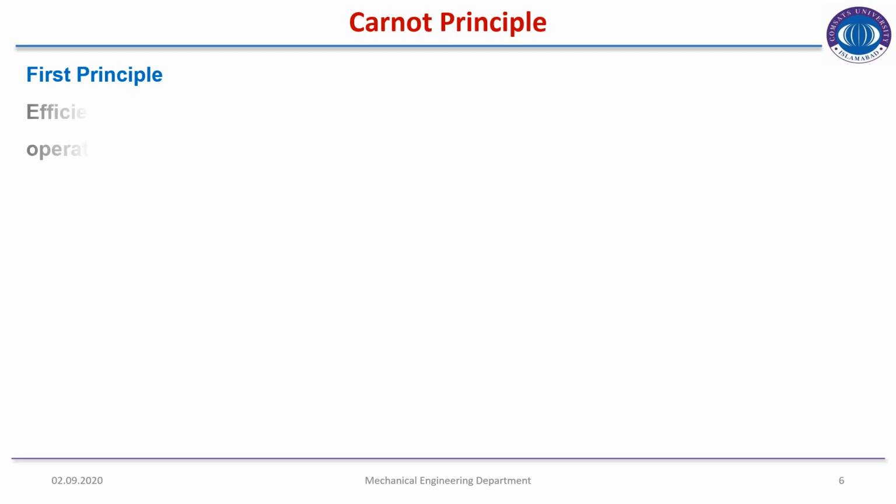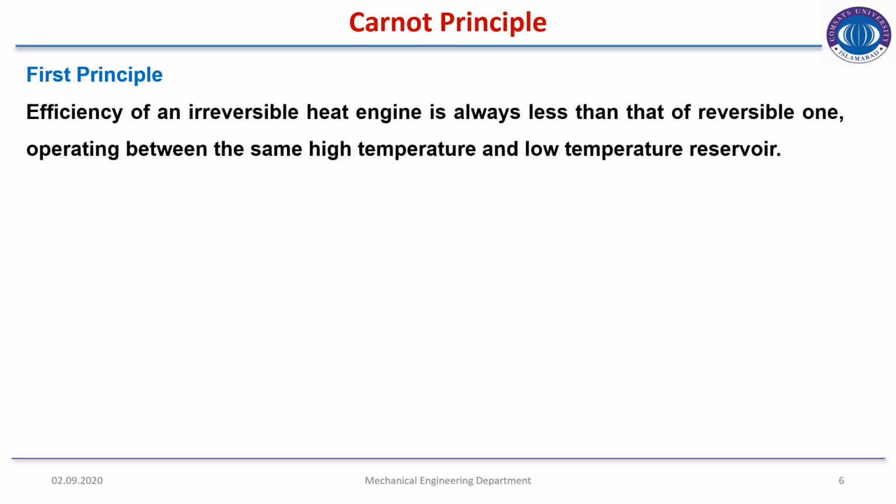So Carnot principle. Carnot first principle: the efficiency of an irreversible heat engine is always less than that of a reversible one operating between the same high temperature and low temperature reservoir. So we have two Carnot principles. The first principle states that the efficiency of an irreversible heat engine is less than the reversible one.